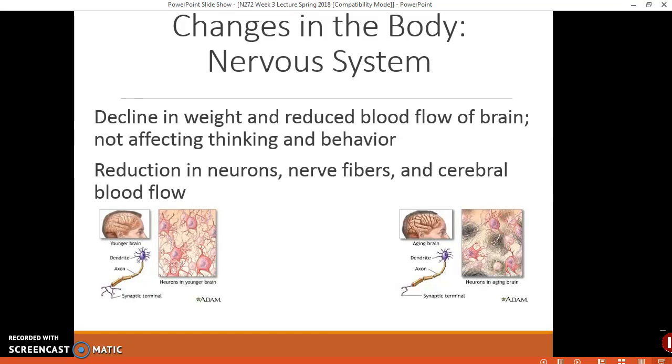Those types of dementia can contribute to affected thinking and behavior. But just in general, a normal part of aging is decline in brain weight and reduced blood flow to the brain. There's a reduction in neurons, nerve fibers, and cerebral blood flow that is a normal common part of aging, and it is to be expected.